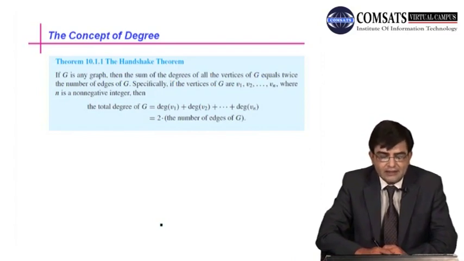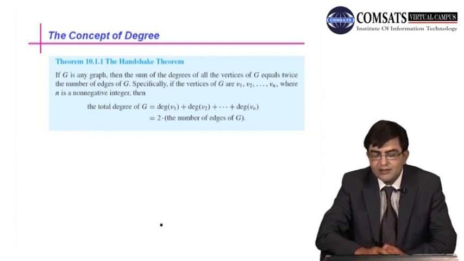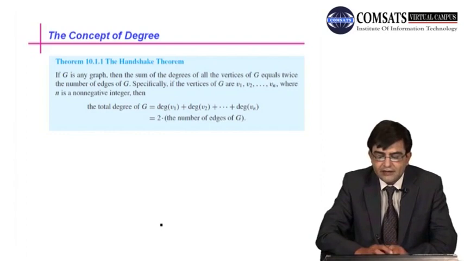It says that if G is any graph, then the sum of the degrees of all the vertices of G equals twice the number of edges of G. Specifically, if the vertices of G are v1, v2, and so on up to vn, where n is a non-negative integer, then the total degree of G is degree of v1 plus degree of v2 plus so on plus degree of vn, and this equals 2 times the number of edges of G. You can see the proof of this theorem in the book of Discrete Mathematics by Susanna.